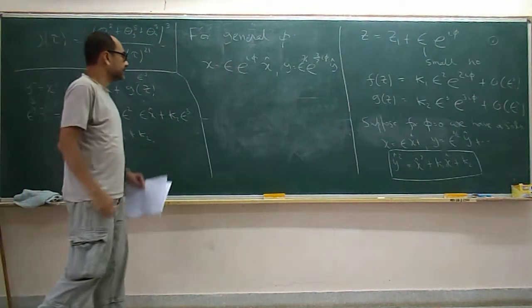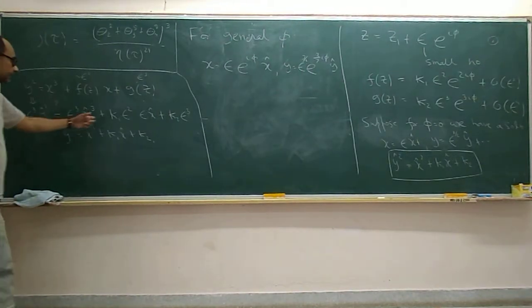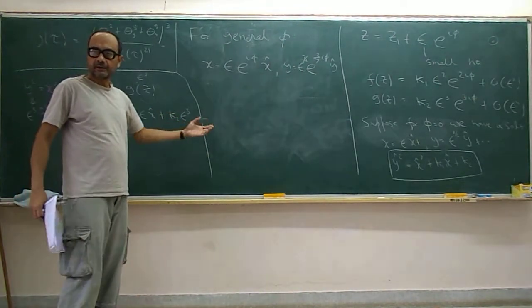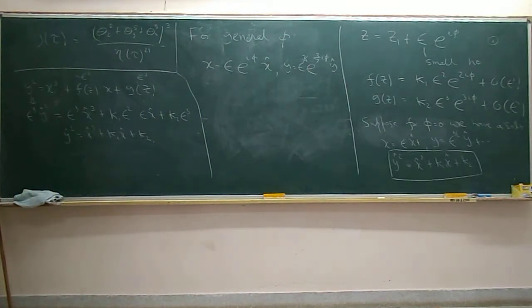Right, because both sides just get an extra factor of e to the 3 I phi, so they just cancel. Is this clear?